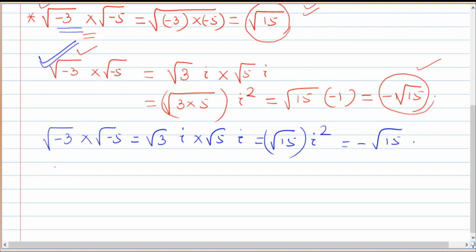So from this we conclude some useful result.